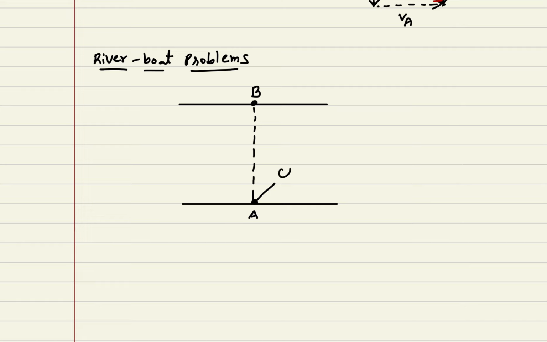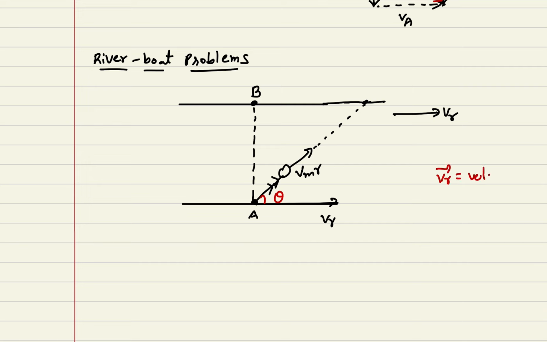Now a person is going to swim. Suppose he is swimming like this, this is the velocity of the man with respect to the river. Assume that the river flows to the right side. The man is going to move in a particular direction. Velocity of the river is to the right, and let us consider that he makes an angle theta with the velocity of the river.